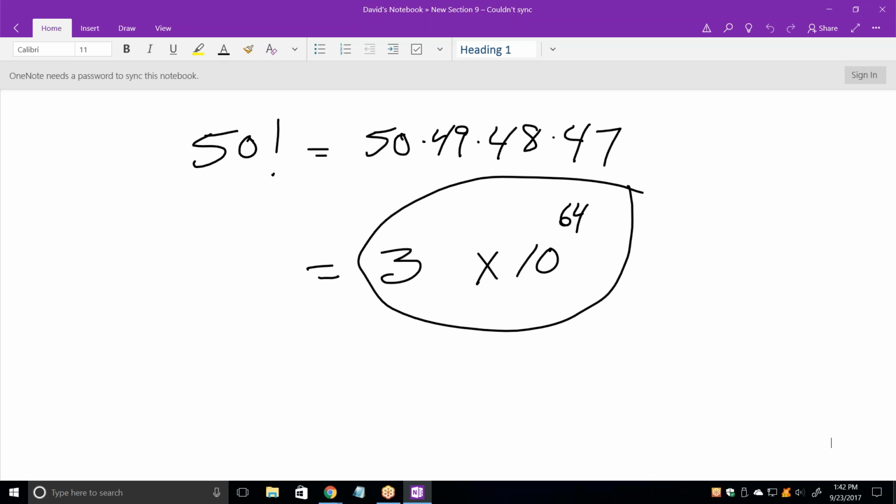It's always amazed me that 50 factorial is this big of a number. That's not a Google. A Google is 10 to the 100th power. But, you know, if you want some feeling as to what that is, it is a gigantic number. Now, here's an interesting question.